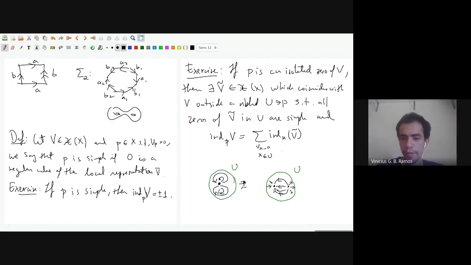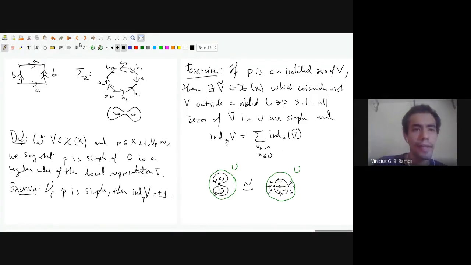So you can kind of see it from this picture here, that I can do it like that. Okay, so you can do this in general. Maybe not diffeomorphic, homotopic. So this basically means that if you're trying to prove anything about vector fields, you could just assume that all zeros are simple.